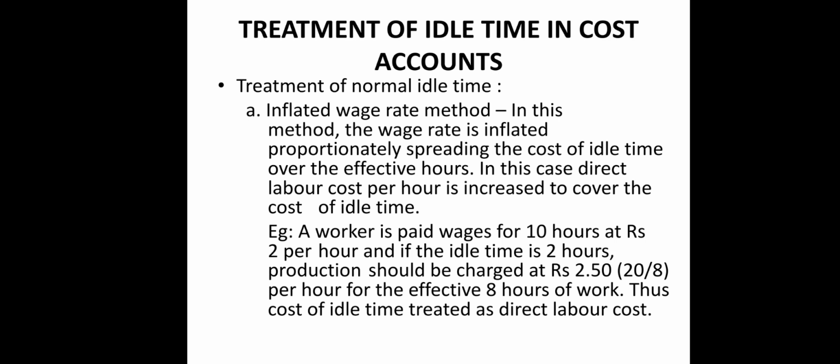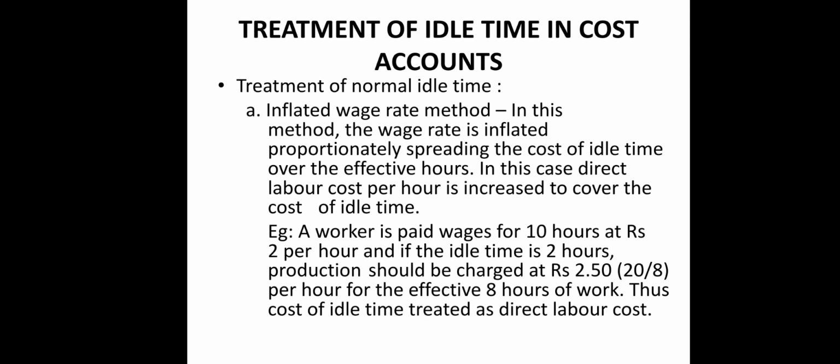I believe you understood how this works. What do we do first? 10 into 2, that is the total hours, we multiply by the time rate. So you will get what is the wage rate. So that is, you got 20. Now you will see how much is the effective working hours, or how many hours the person actually worked.